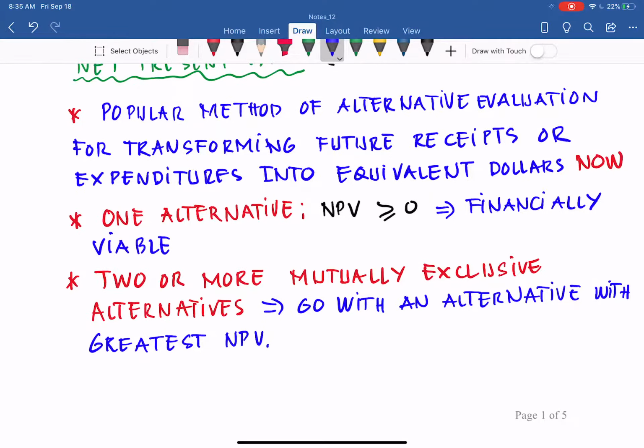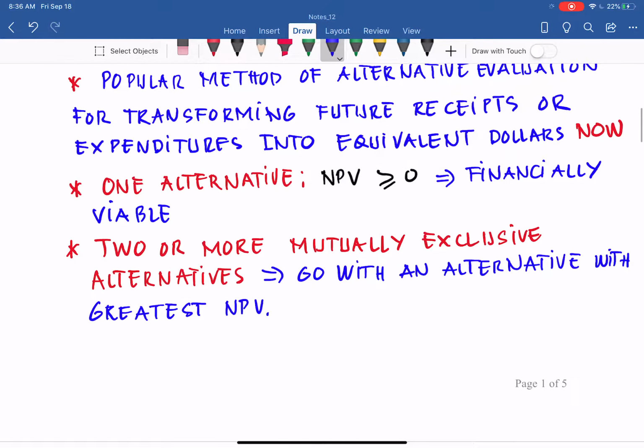And what is a mutually exclusive alternative? If you choose this alternative, you cannot choose the other alternative. If we can do both alternatives, then it's not mutually exclusive anymore. Let's give one example.